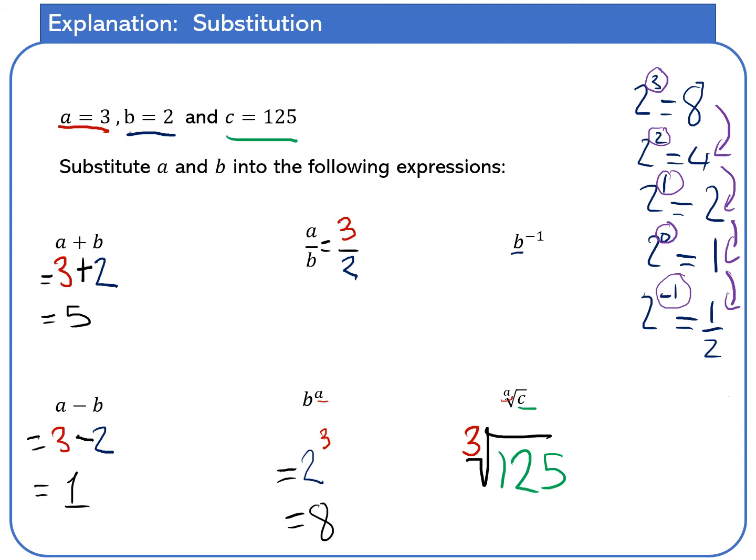So this is the cube root of 125. So I'm kind of thinking, what can I multiply together to make 125? And the answer, of course, is 5. This is not the answer. This is 125. The answer is 5.